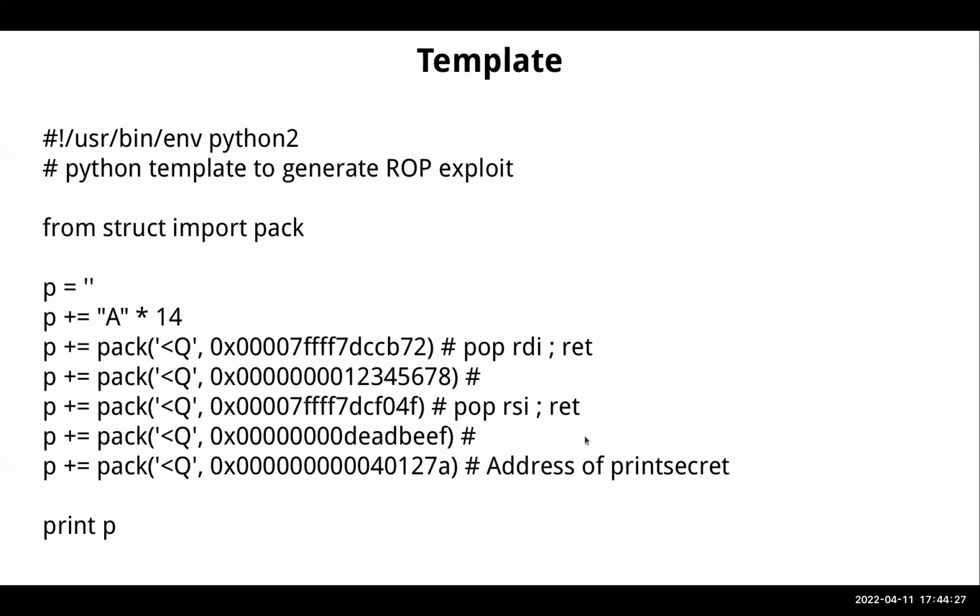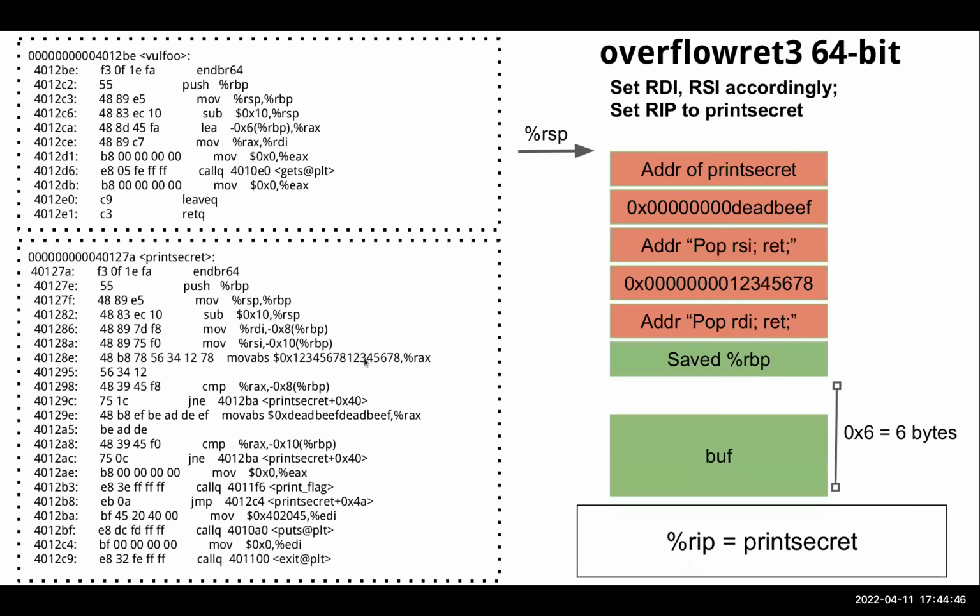So when you develop a ROP exploit, you probably first write what kind of gadgets you want, then look for the address of those gadgets.